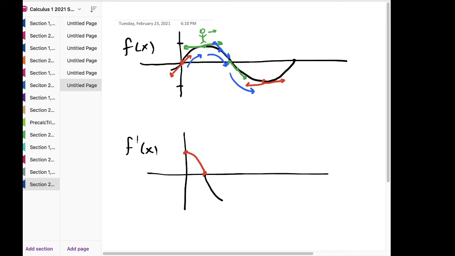Do you agree that the derivative is zero here? Yes, no? Okay, good. So this is coming back up.